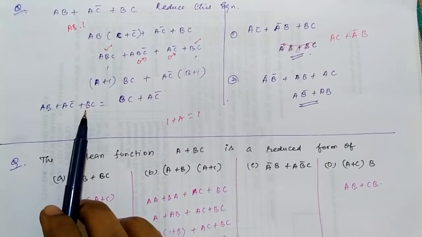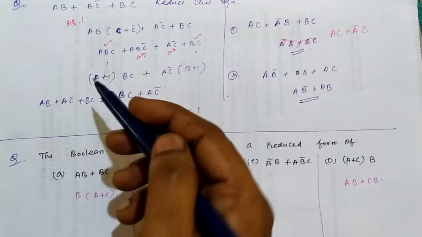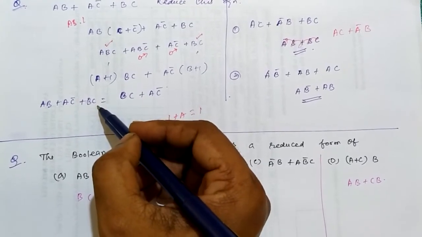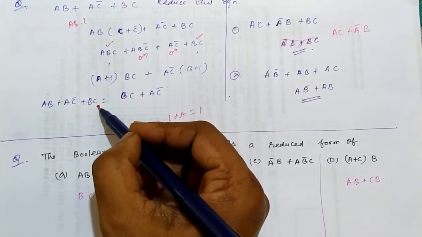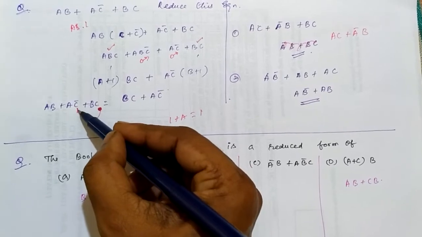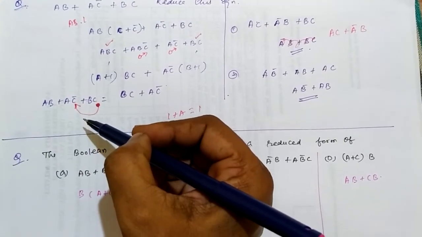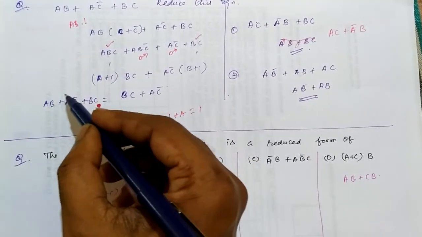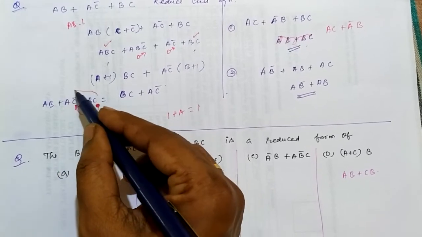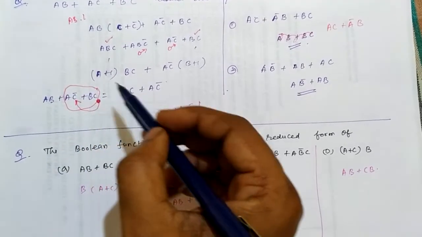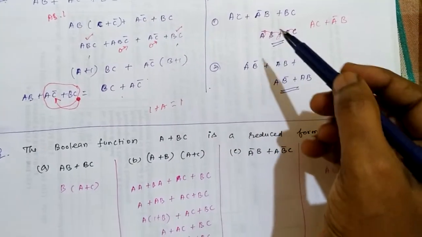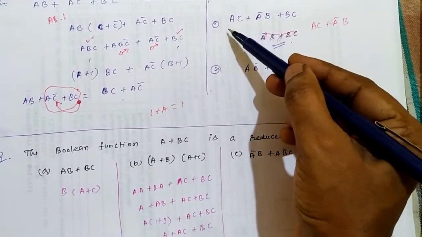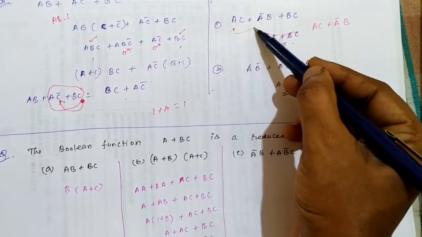So we can blindly say, if one variable's complement is also present, the result of this Boolean expression is that you only consider these two. In the same manner here, A is a variable, its complement is here.